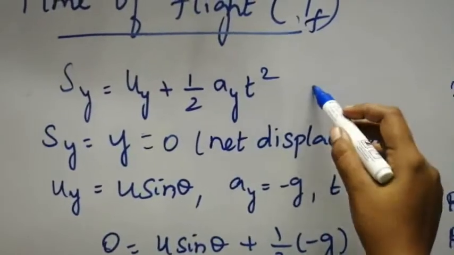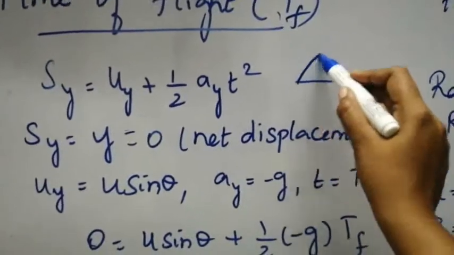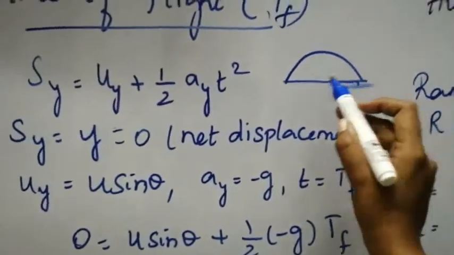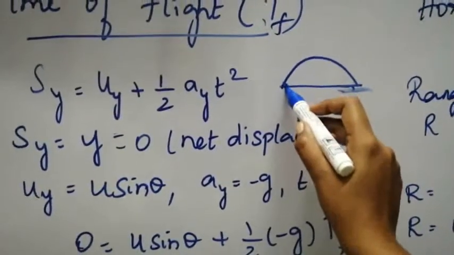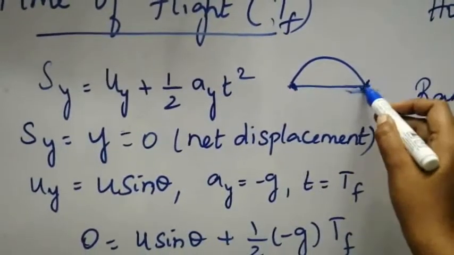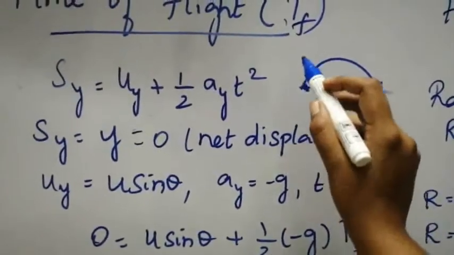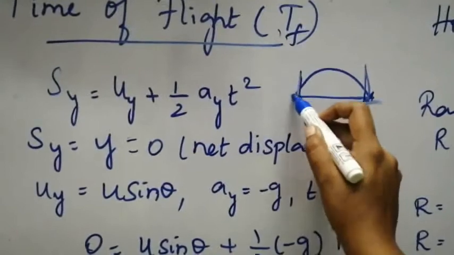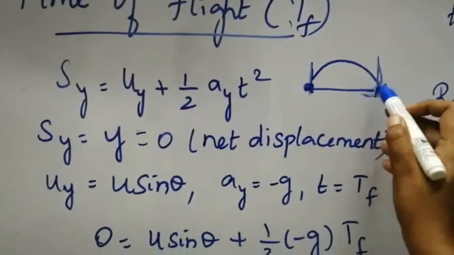Why? Because displacement is the final position minus the initial position, right? The initial position is on the x axis and the final position is also on the x axis. There is no change in the y value between the initial and final positions.